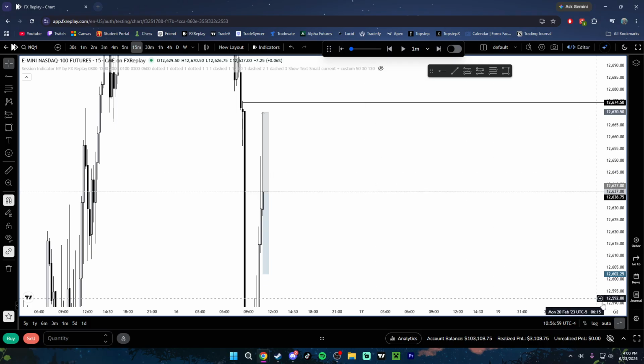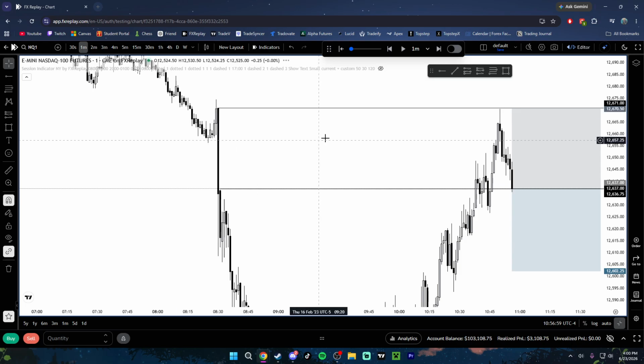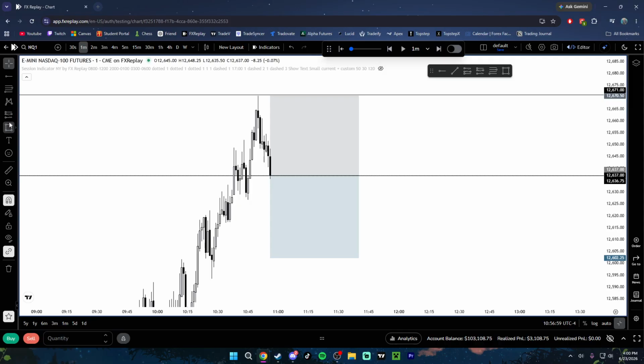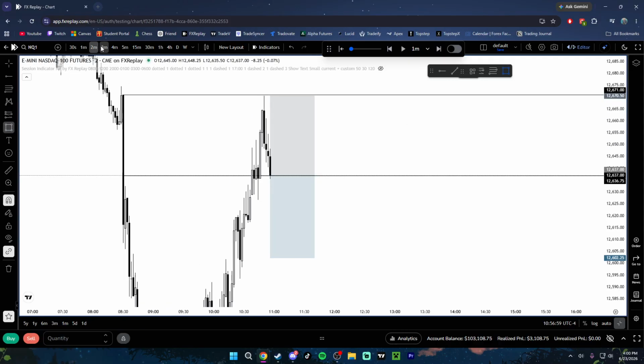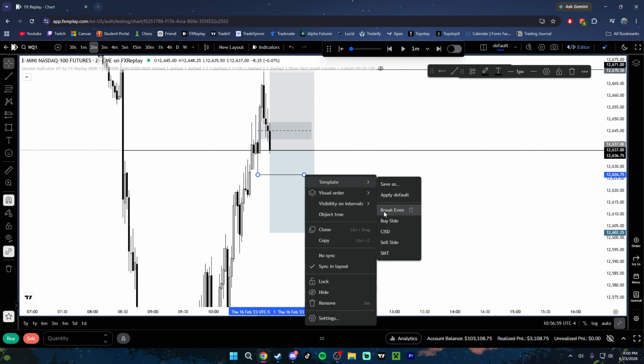Let's see if ES took this. How we're delivering from here. Oh well, we're delivering from something here. We're just rejecting this area. And we have this inverse. And we could break even at this internal low. Break even here.